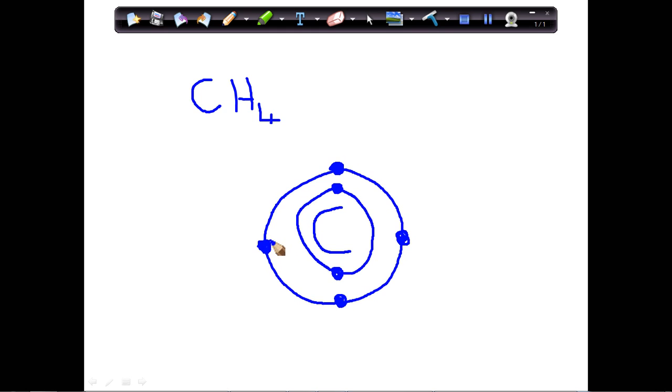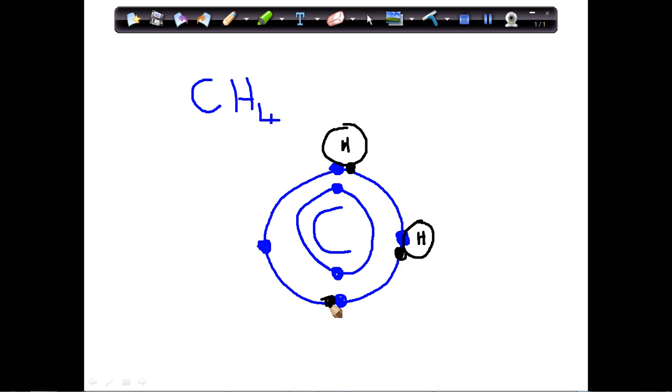Okay, hydrogen just has the 1 electron. So if we draw that in, hydrogen can share an electron over here.